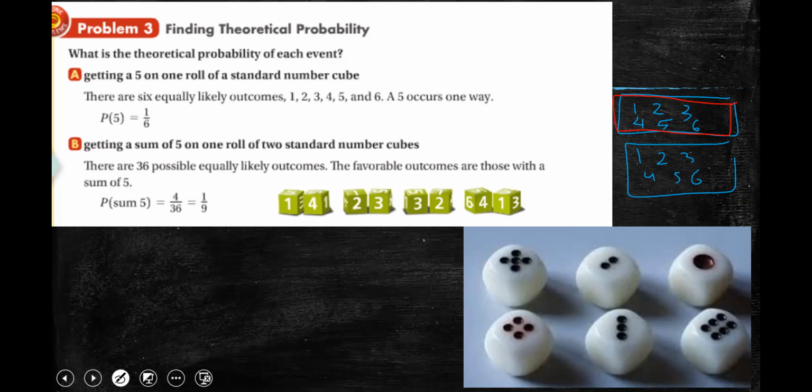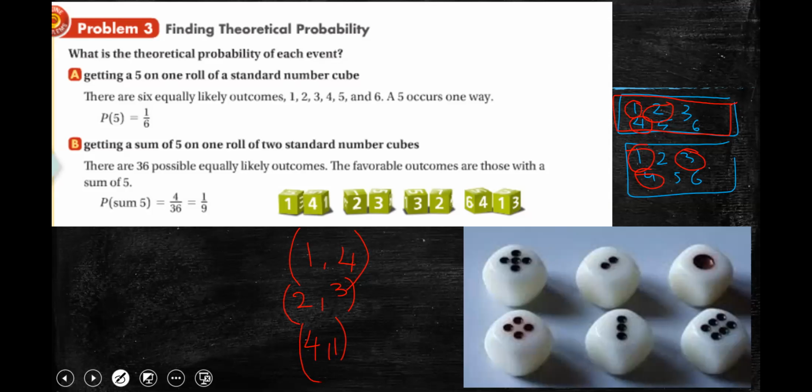Here we have 1 and 4, 2 and 3, 4 and 1, and 3 and 2. And now don't say, teacher, I wrote 1 and 4 twice. No, 1 and 4 means 1 from the red cube and 4 from the blue cube.